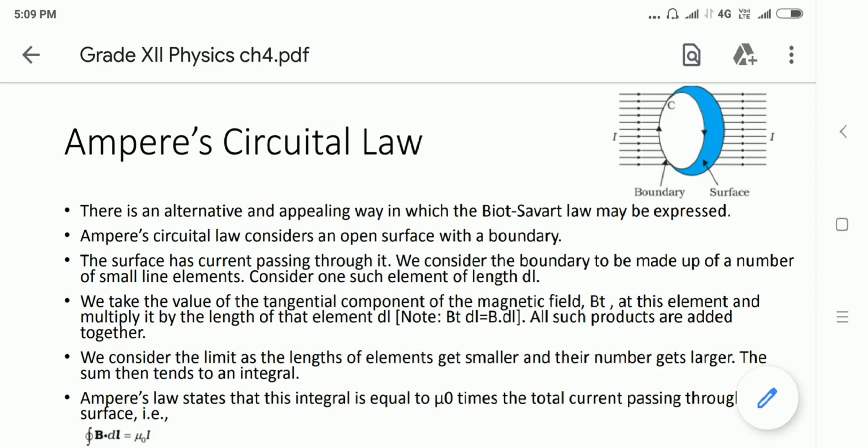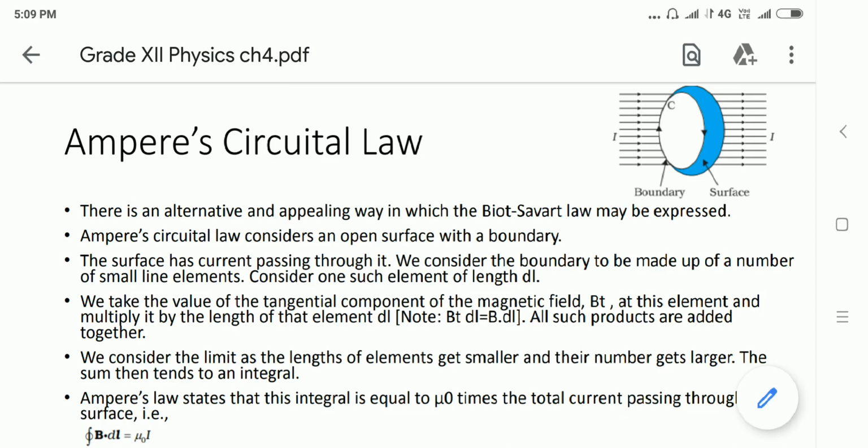Now here, we take a smaller portion and calculate its magnetic field effect, and for the larger number we add these small parts, or integrate, over the surface limit.